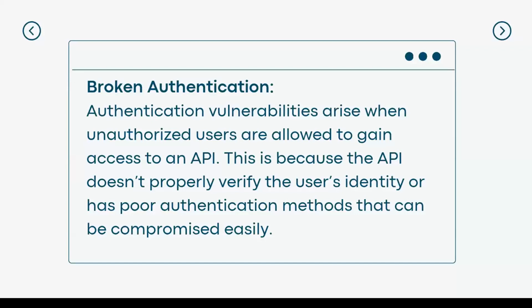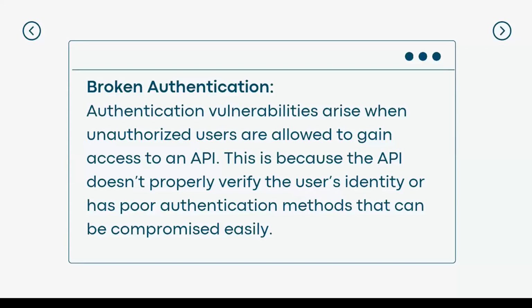Also, we have brute forcing attacks. If your API doesn't protect against brute forcing attacks, an attacker can perform brute forcing to get the usernames and passwords of users on your application. We also have other types of authentication attacks like credential stuffing.